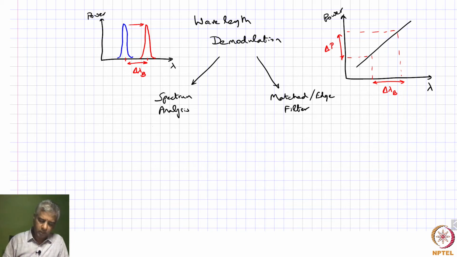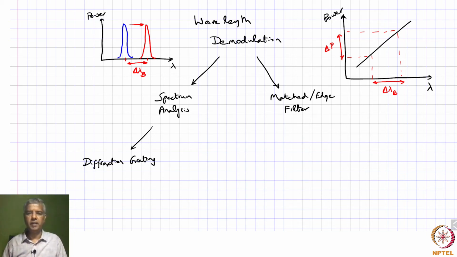Well, as far as spectrum analysis goes, the most popular technique that we see is using a diffraction grating. You know that a diffraction grating, when you illuminate it with broadband light, separates out the different color components and diffracts them at different angles.